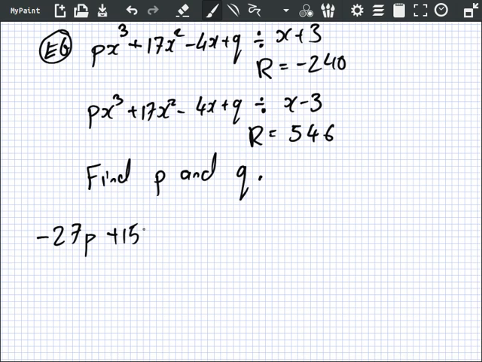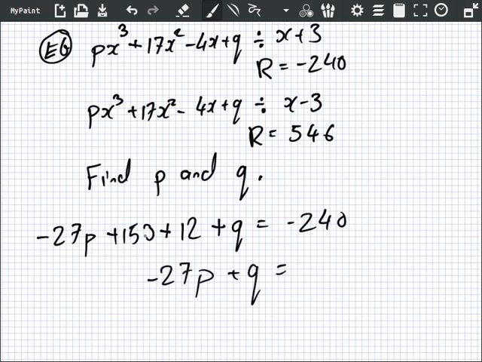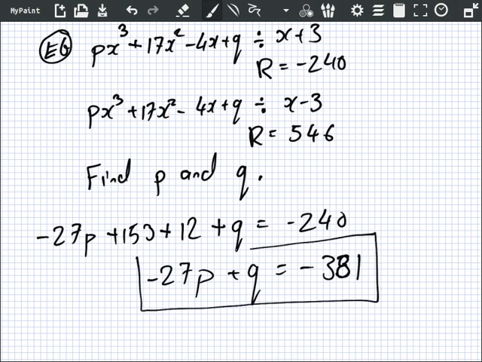Thank you. And then plus 12, isn't it? Plus q equals minus 240. So you have minus 27p plus q equals minus 240 minus 153 minus 12. 381. That is equation number 1.